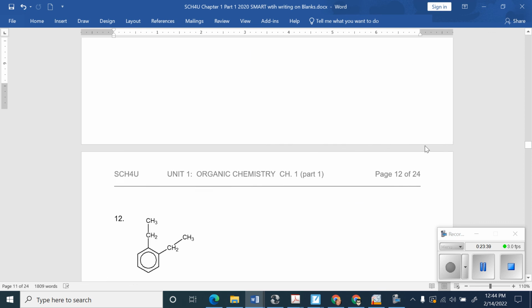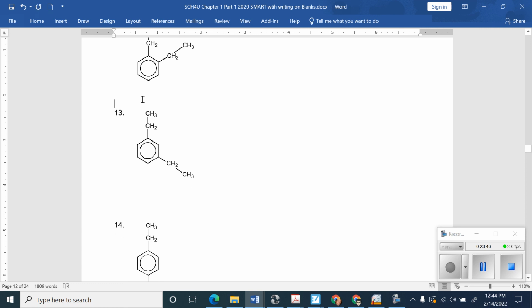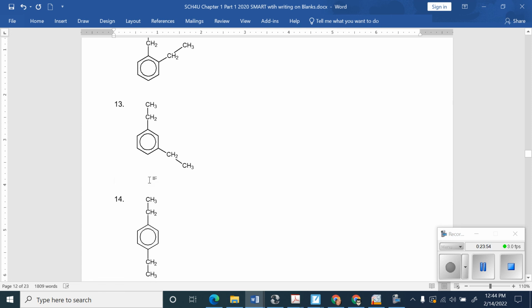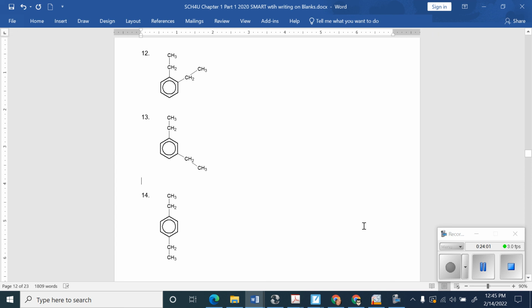Okay, now numbers 12, 13, and 14. We'll look at these all together, and notice the similarities between them. In all cases, we have a benzene, benzene, and benzene, right?